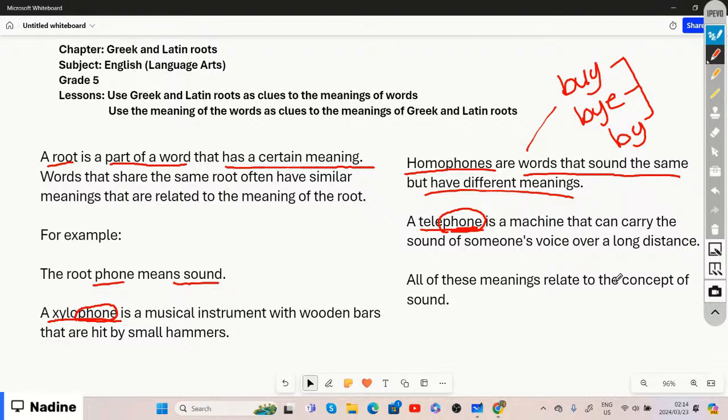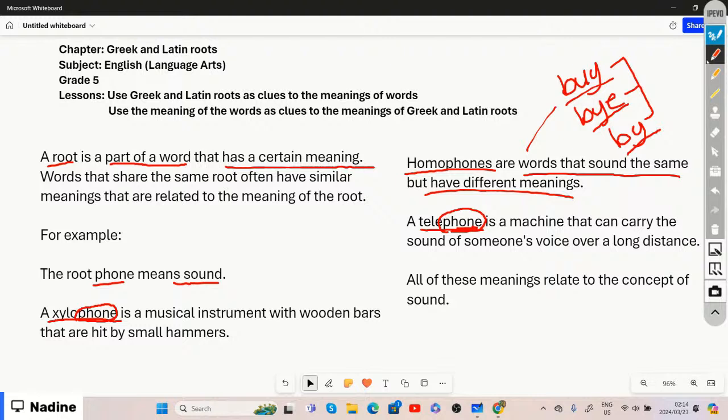Homophones are words that sound the same but the meanings are different. I made an example of buy, which means to purchase something. This word bye means goodbye, it's short for goodbye. And this word by basically means near or something close.